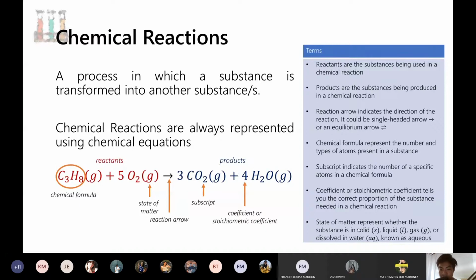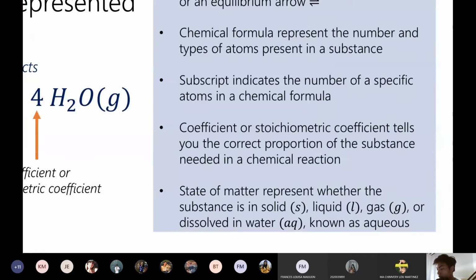And then, lastly, we have the states of matter. Sometimes they are included, sometimes they are not, depending on the case. When we say state of matter, makikita nyo lang yan as, apat lang yan: it could be S, solid, L, liquid, G, gas, or AQ or AQs, or aqueous.